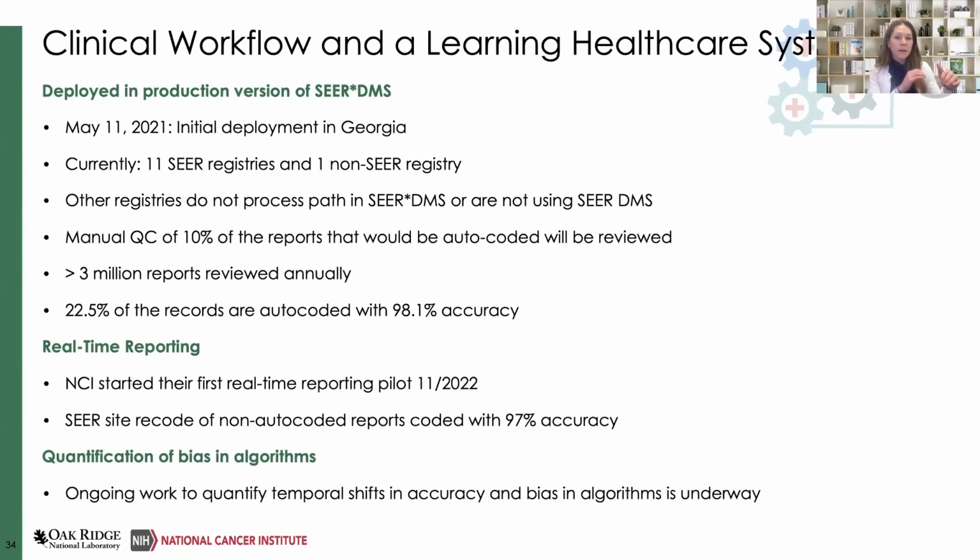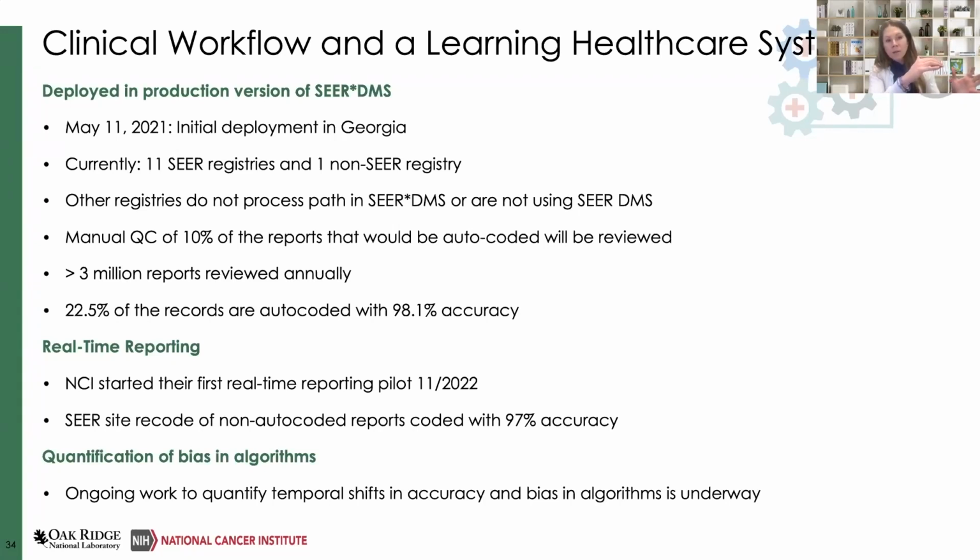The SEER site recode of non-auto-coded reports. So what we're predicting is a finer level, a smaller level of specificity: the exact site or subsite of the cancer and the histology. SEER site recodes are more general. So it's essentially taking that information and rolling it up into a higher classification, which makes it a bit of an easier classification task.